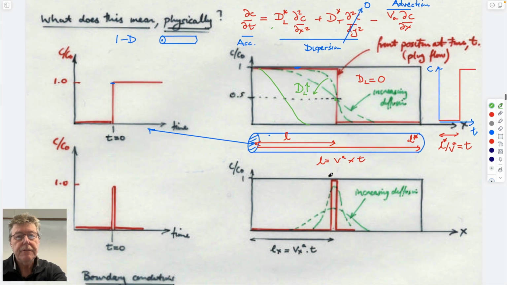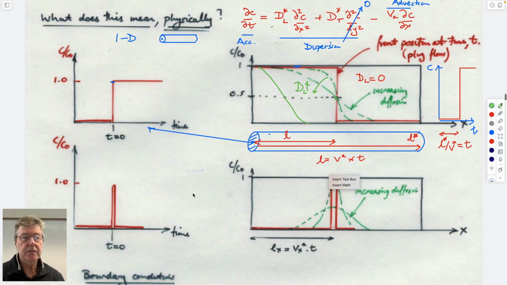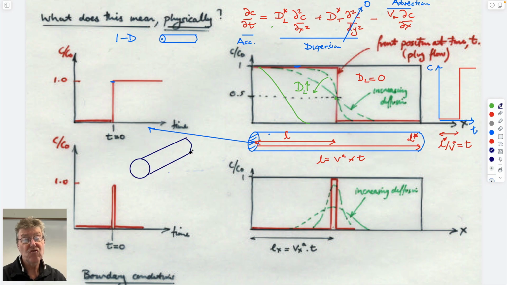If we want to get fancy about it and do something else, I suppose we could look at it like this. Oops, I know I'm starting writing over everything. So I imagine we could look at this behavior in perspective, like this.